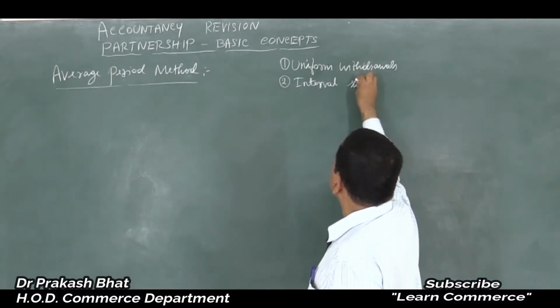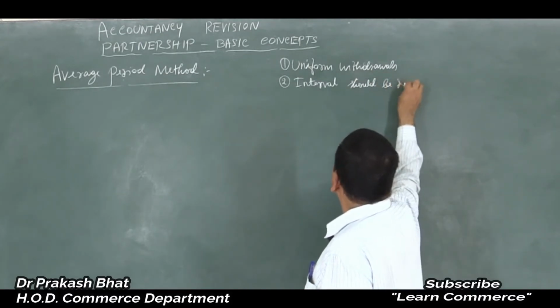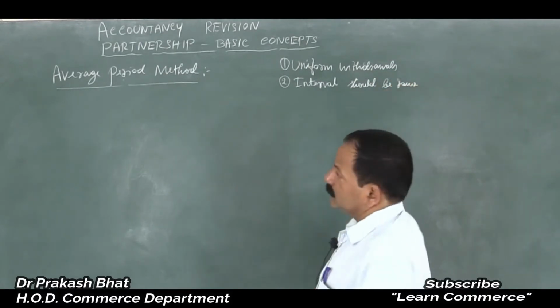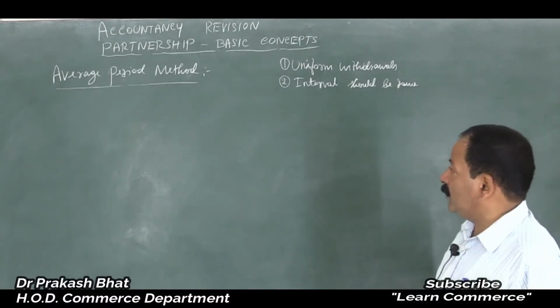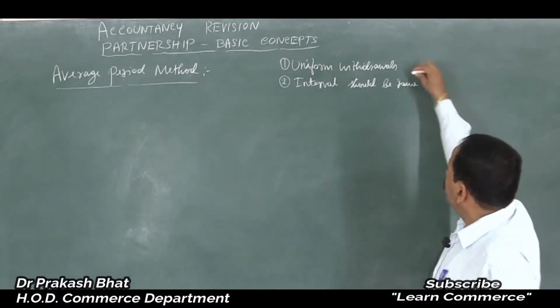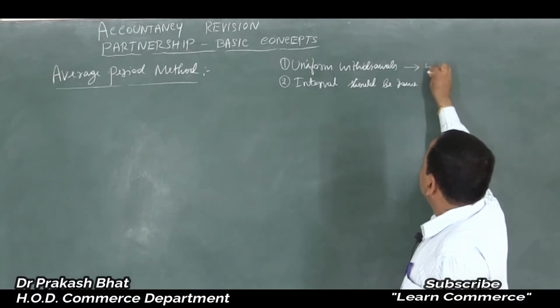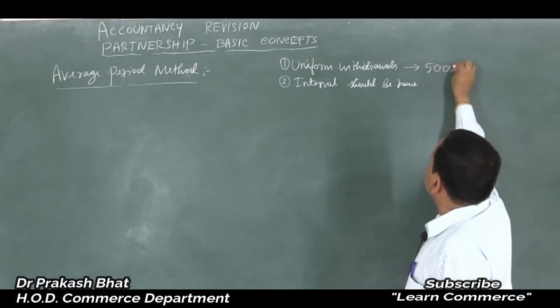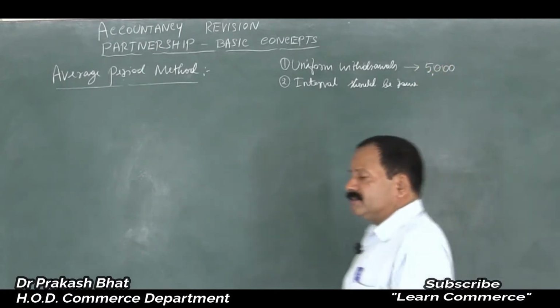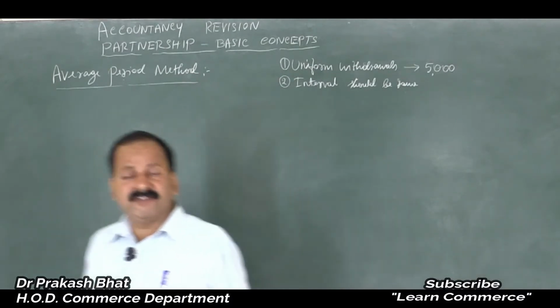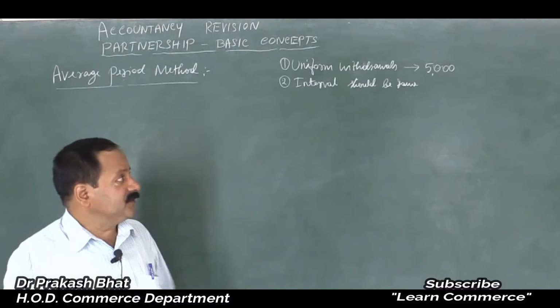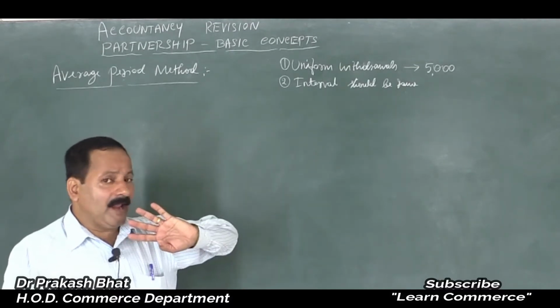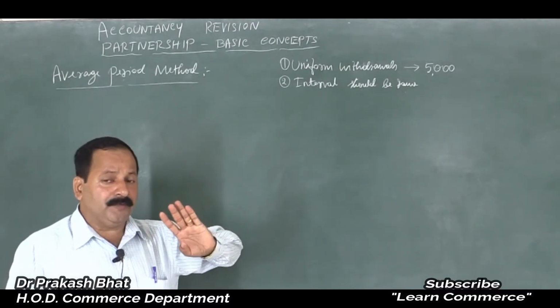What do you mean by this? These are the two conditions that are to be fulfilled to follow average period or shortcut method. Uniform withdrawals means if first withdrawal is of 5,000, all the 12 withdrawals, or all the 4 withdrawals if it is a quarterly withdrawal, should be same, 5,000 each. There should not be any change in the amount withdrawn by the partner.